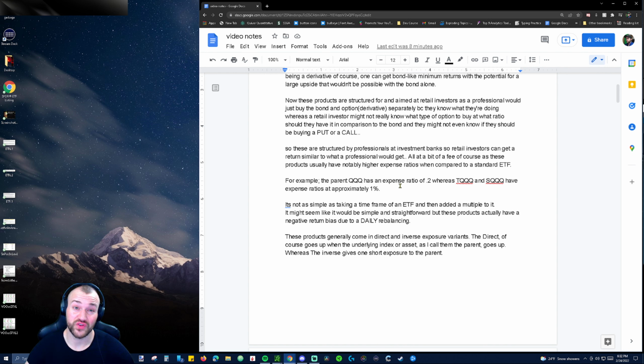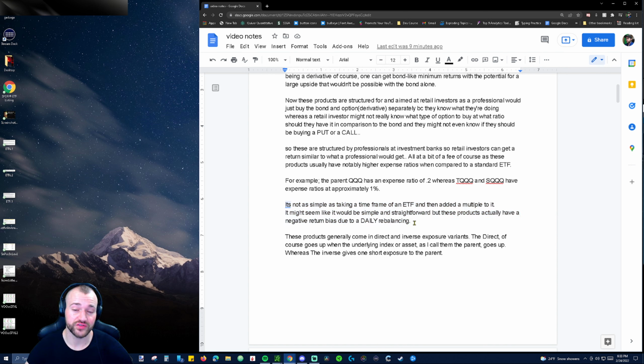But once again, if you were to think of these as a buy and hold product, which you never should, that would be noticeable, especially because these products also do not pay out any dividends ever. Whereas the underlying asset that is their parent, for example, the QQQ or VOO, they will pay out dividends, and you can use the DRIP, the dividend reinvestment program, if you so choose. Furthermore, I had also mentioned multiple times that these are rebalanced daily.